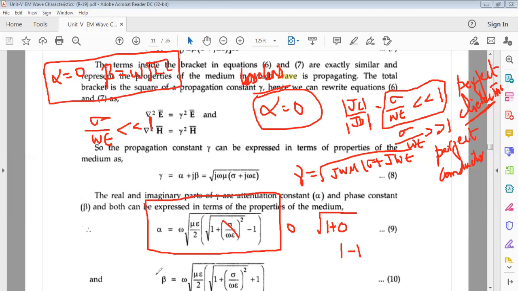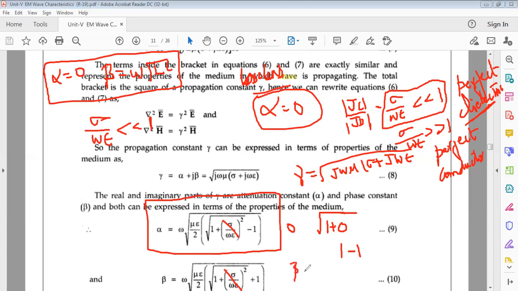Now in this propagation constant, the wave propagation, what is the beta value? Similarly, here also observe 1 plus sigma by omega epsilon. The value is very much less than 1, meaning we are neglecting the term. Square root of 1 is 1. 1 plus 1 is 2.